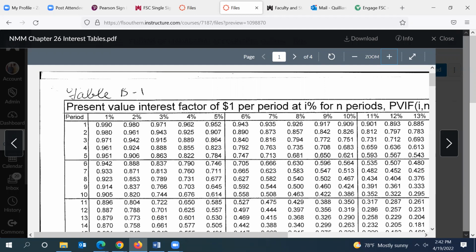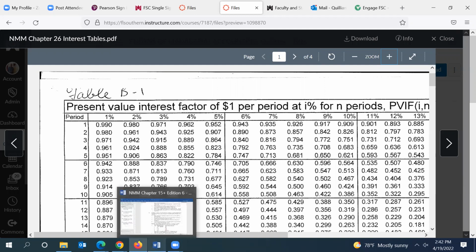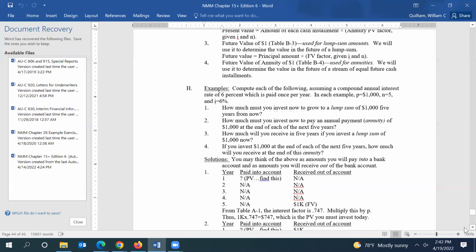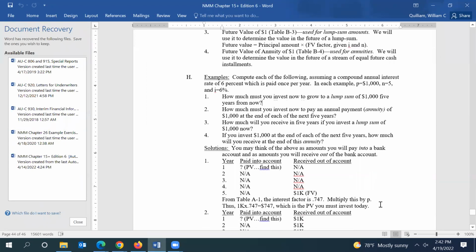And coming back to my handout, if we want $1,000 in the future, which is exactly what we want here, a lump sum of $1,000 5 years from now, how much are we going to invest? Well, let me do the math first. I will diagram this for you.